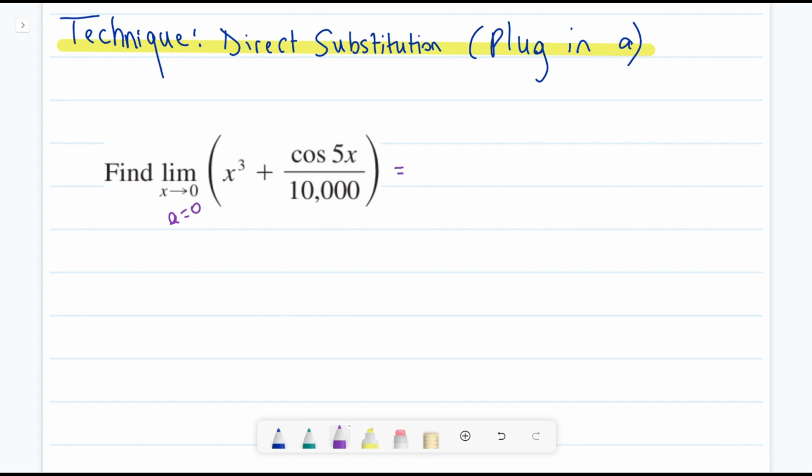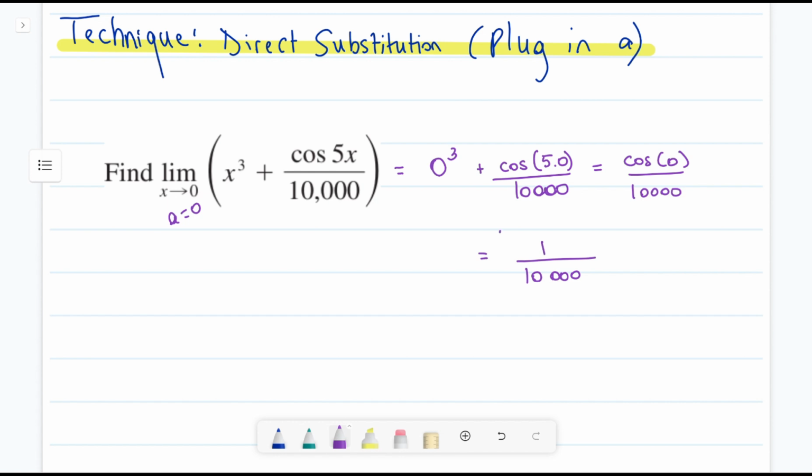So this gives us, instead of x cubed, 0 cubed plus cosine 5 times 0 over 10,000, which is equal to cosine 0 over 10,000, which is equal to 1 over 10,000. And this is our answer.